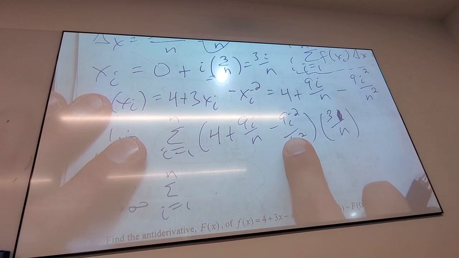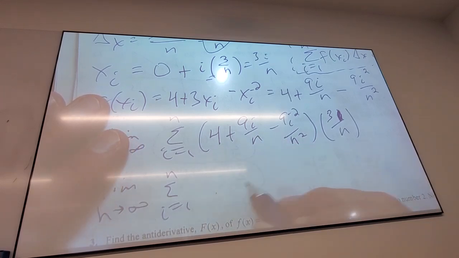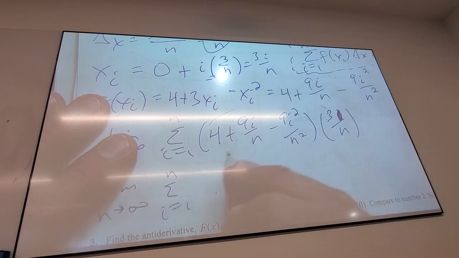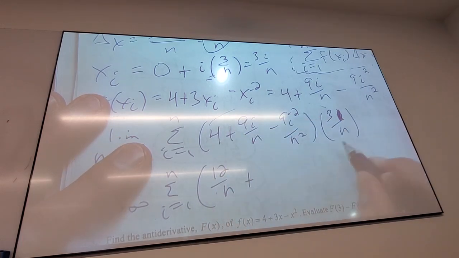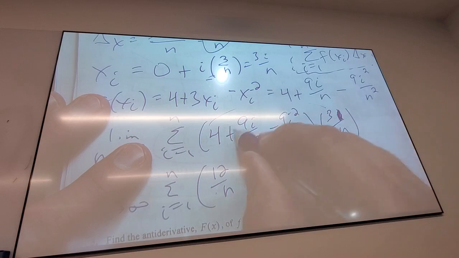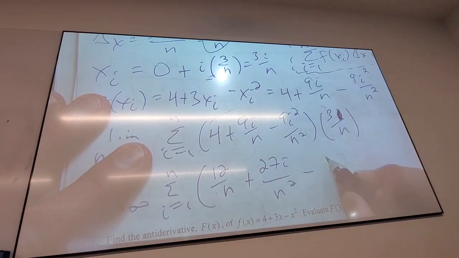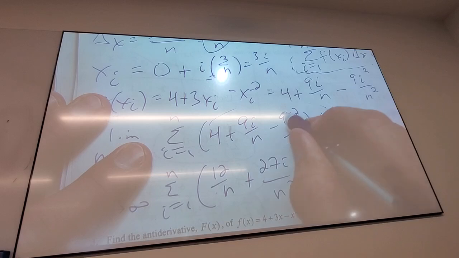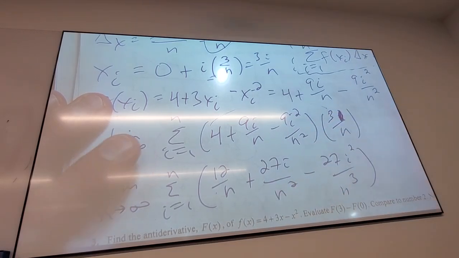No, I can only factor out something they all have, and they don't all have anything. So what do I get when I distribute? 12 over n, 27i over n squared, 27i squared over n cubed.